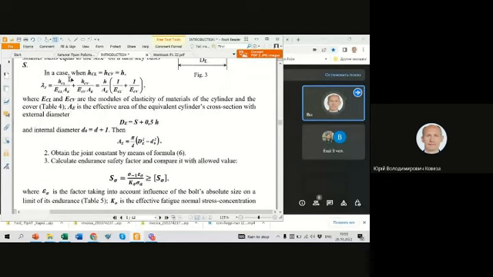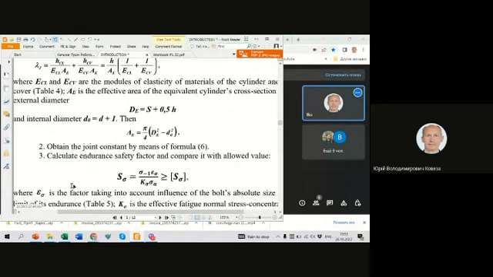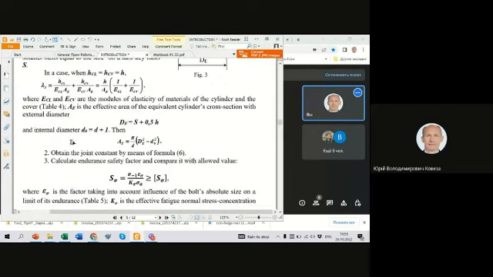So lambda joint can be calculated like this. H cylinder and H cover are the same. That's why in such a case we can move it out from brackets.